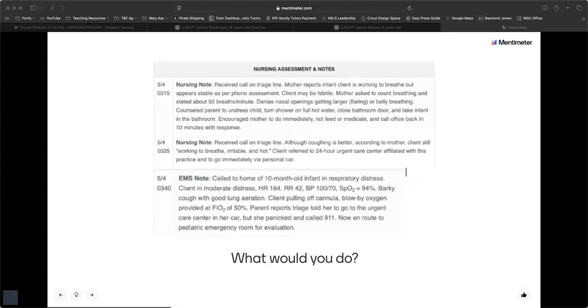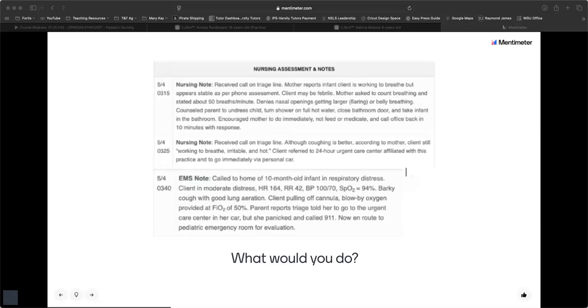Mom's asked to count the breathing rate and says baby's breathing 50 breaths a minute. No nasal flaring or belly breathing. The triage nurse told them to undress the baby, turn the shower on full hot water, close the bathroom door, and take that infant into the bathroom right away. Don't give them anything to eat or any medicine, and then call back in 10 minutes and see what our response is. So mom does all of those things.